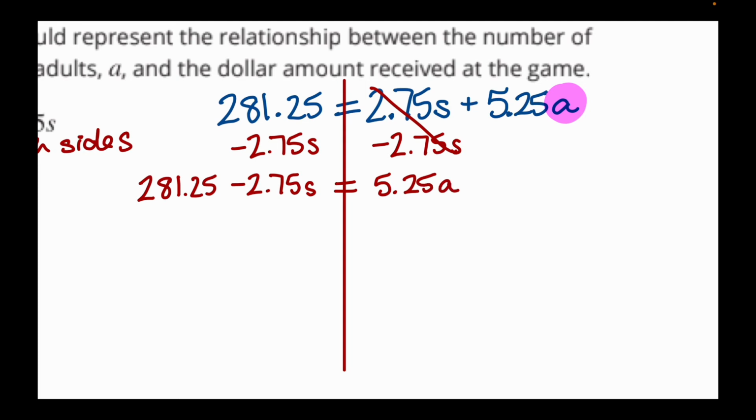Now I don't have to keep highlighting it, but it does help me see what is remaining. So the only thing remaining with a is the 5.25, and since that's being multiplied, we need to do a step where we divide by 5.25, and that will make it cancel here. But we have to divide everything here by 5.25.